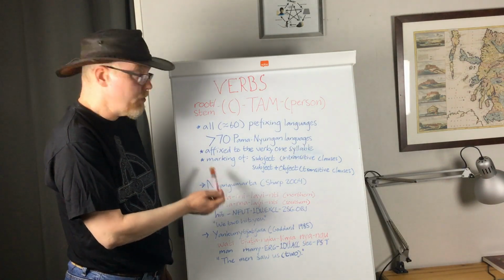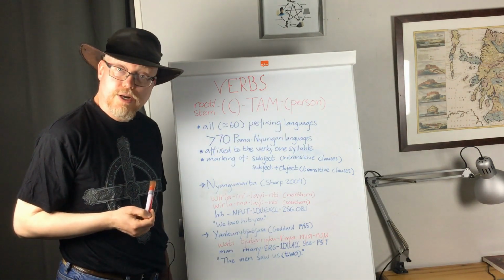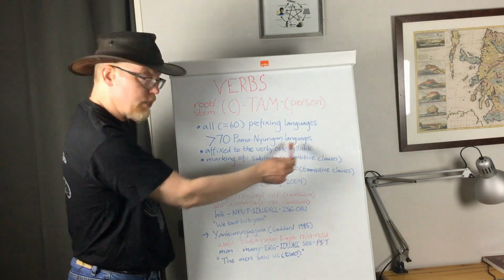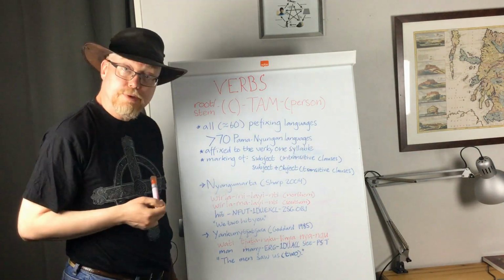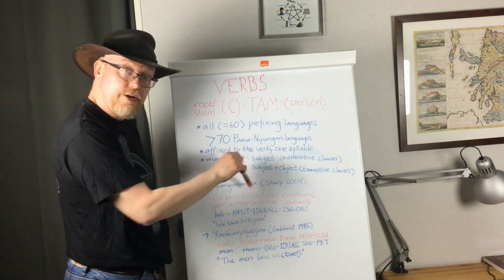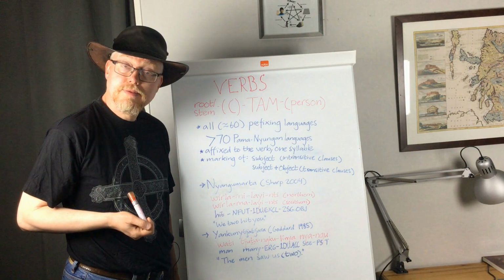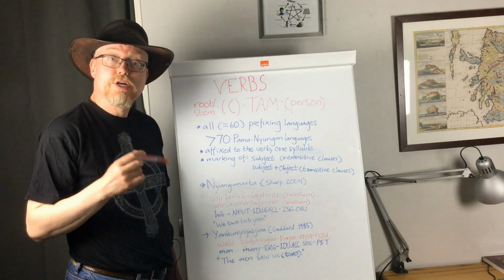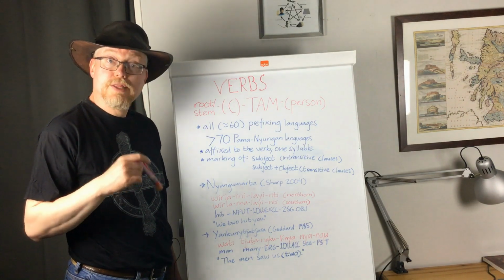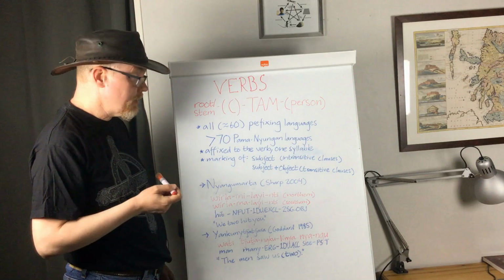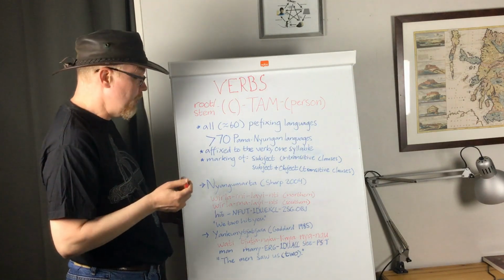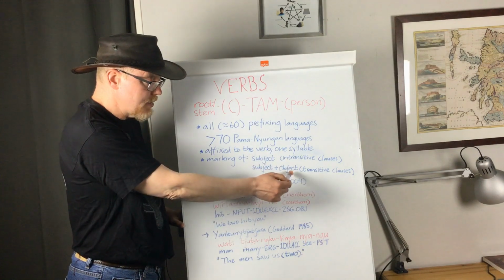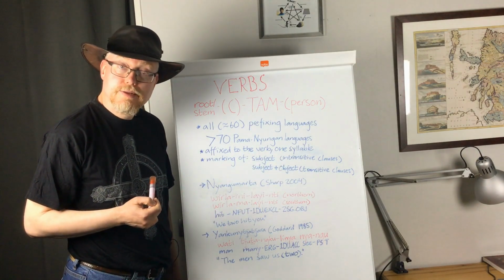So in Pama-Nyungan languages then, person markers occur last. They often consist of one syllable only, but not invariably. We have an exception here in Nyangumarta. And while more conservative Indo-European languages mark the person of the subject, in Australia it's much more common to find marking of the person of the subject and the person of the direct object.